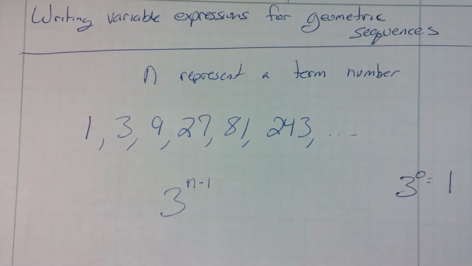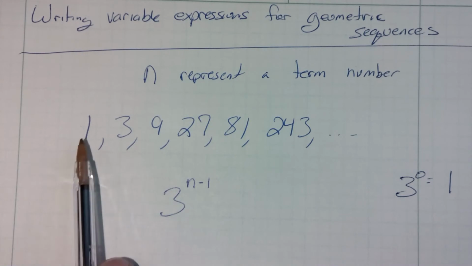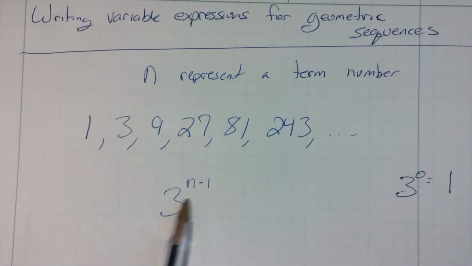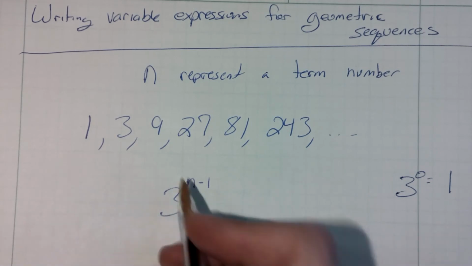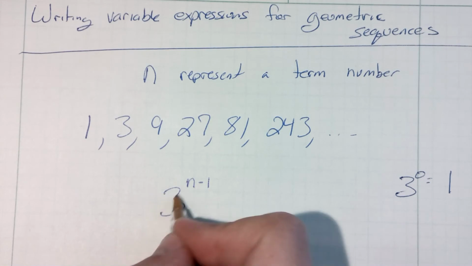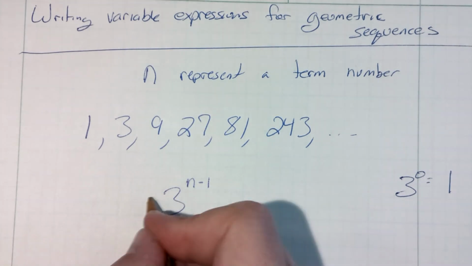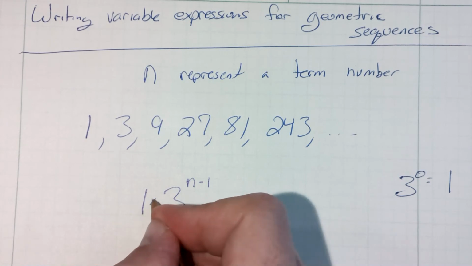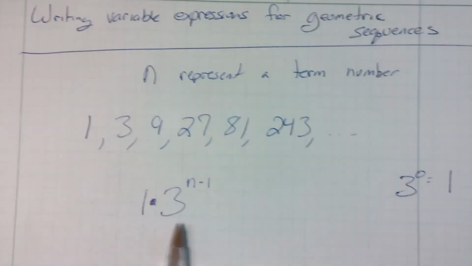So if we want the first term to be a 1, we technically don't multiply by 3 at all. So we're going to put a number in front of this 3 to the n-1, which is our first term. I'm going to put a 1 times, or maybe I'll put a dot, times 3 to the n-1.